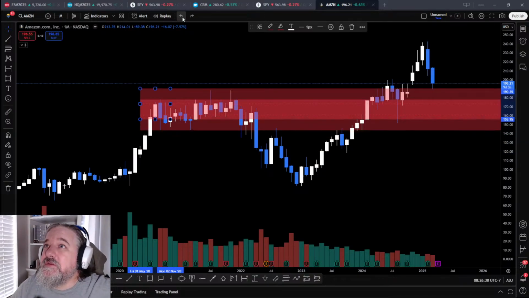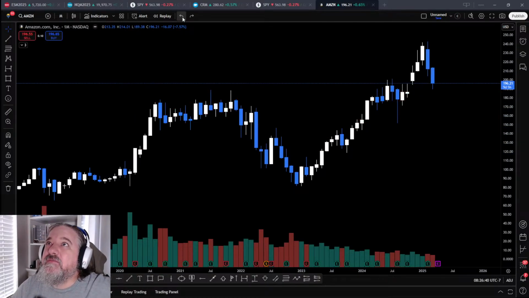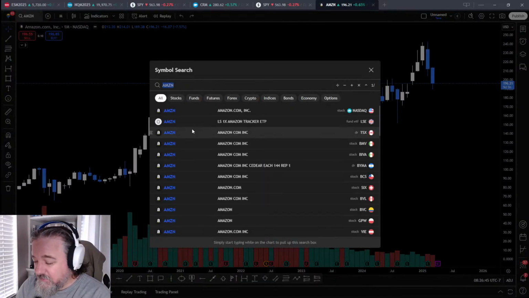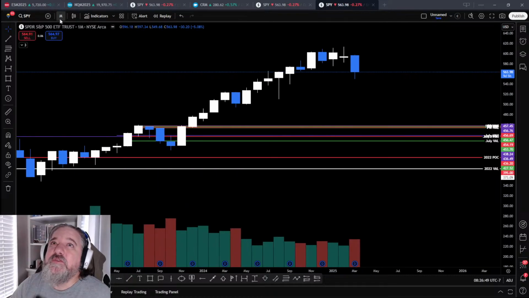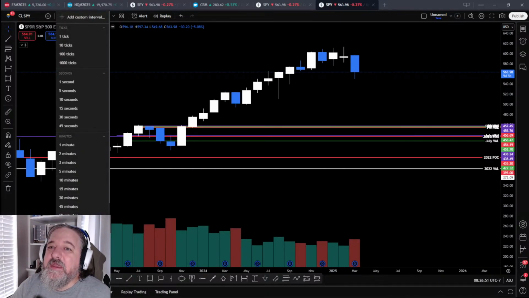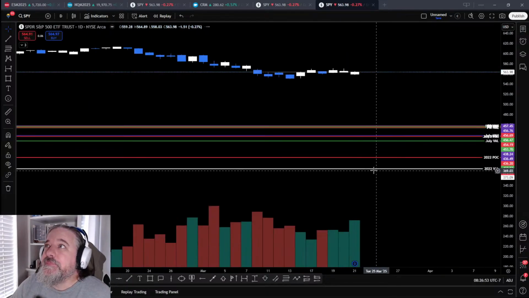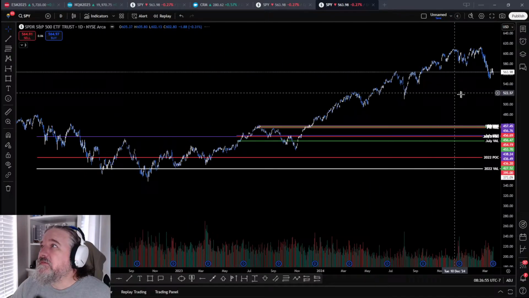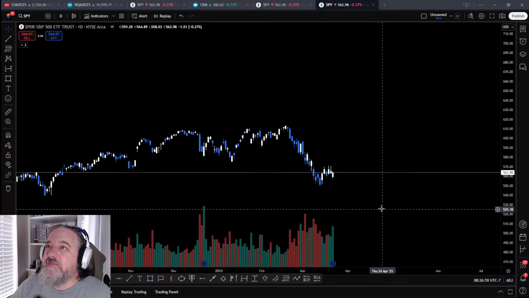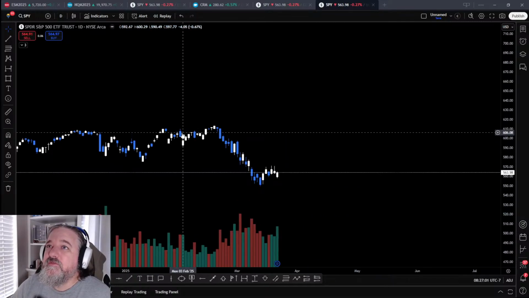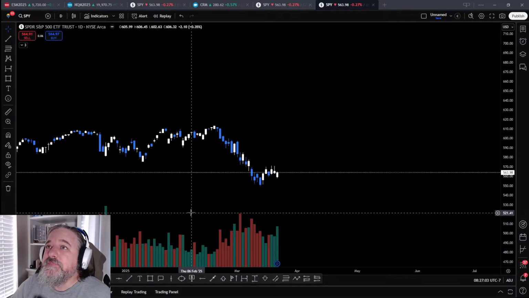So just be aware whenever we have sideways price action like that, we're going to be looking for a measured move to the downside. So right now, if we look at the daily on SPY, we were trading in this range up here for quite a while, right?